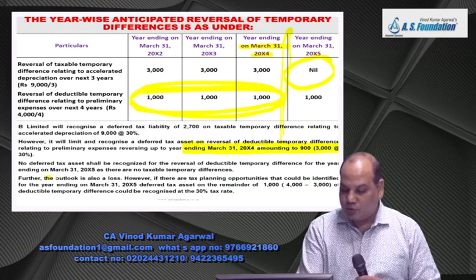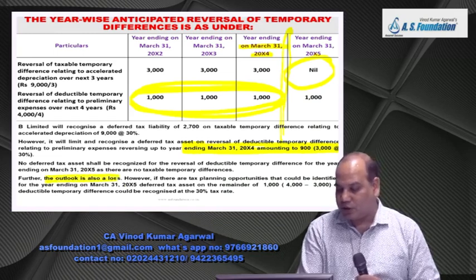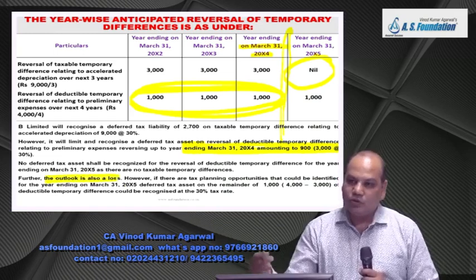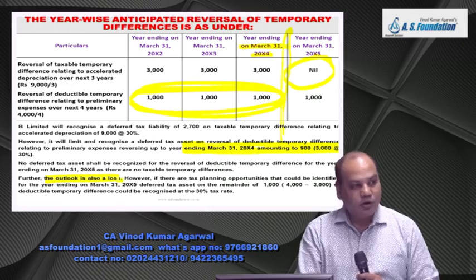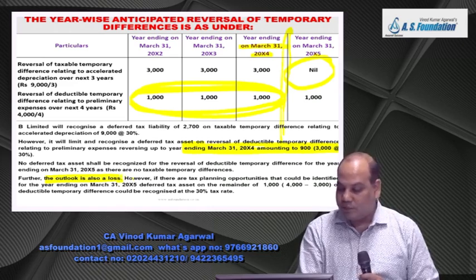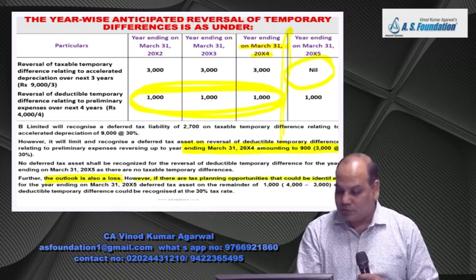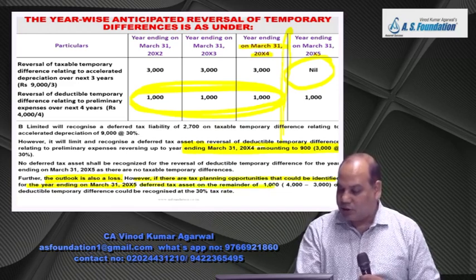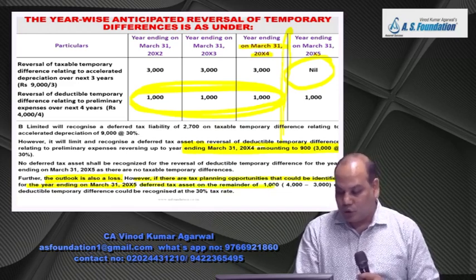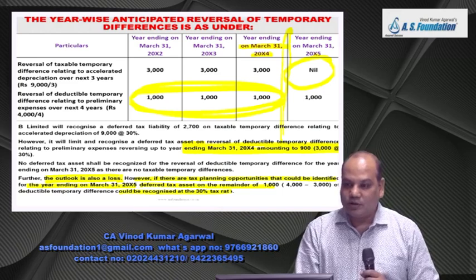Let us say the question would have given that the company will have sufficient taxable profit. Then also you can create DTA on that also. However, if there are tax planning opportunities, but that is only a note now. You should write a note that if there are tax planning opportunities that can be identified for the year ending 31st March 20x5, then the DTA can be created on the remainder of DTD, and you will calculate DTD into 30%, 300 rupees more can be recognized.